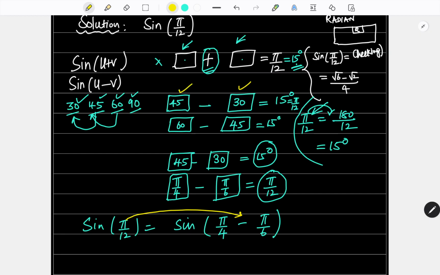Even though in the early stages I just used degree, it was just to make it easy, because if it is in radian, your mind will not think pi by 4 minus pi by 6 is pi by 12. So that is why I converted into 45 minus 30. 45 is pi by 4, 30 is pi by 6, which is equal to 15 degree, which is pi over 12.